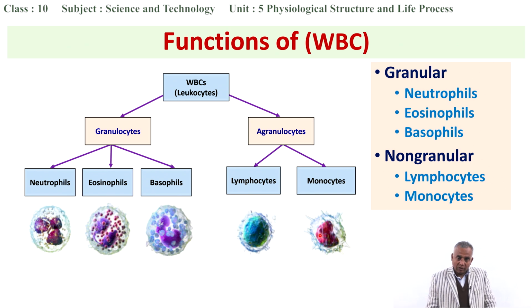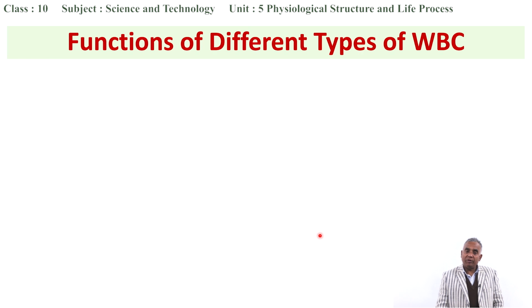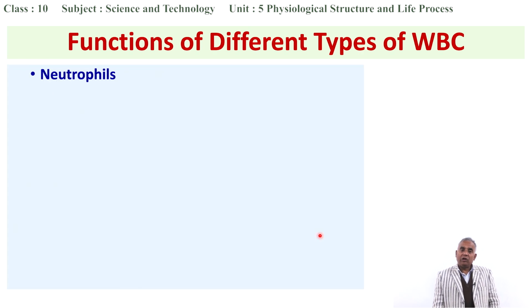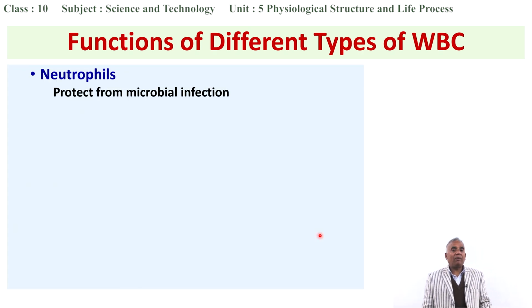Now see the function of WBC one by one. Neutrophils protect from microbial infection. They engulf fungi, viruses and bacteria; the germs are engulfed by them.